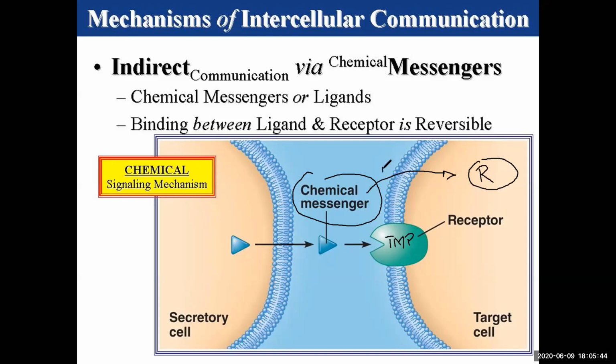So for a fat soluble chemical messenger, it goes straight through the cell membrane, and the receptor is in the cytosol or in the nucleoplasm. So the receptor can be in the cytosol or inside the nucleus for a fat soluble chemical messenger. But for the water soluble chemical messenger, the receptor is required to be located at the cell/plasma membrane.